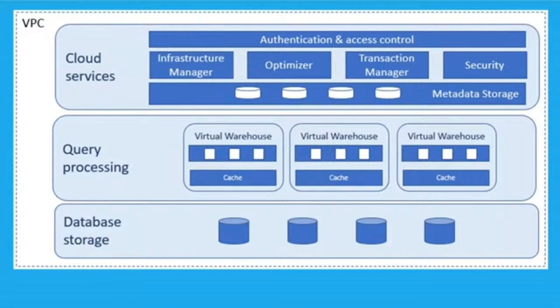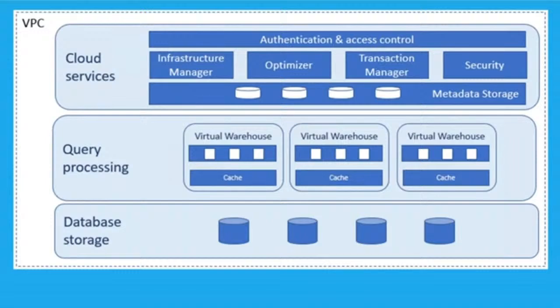In the query processing layer, the virtual warehouse is the hardware component which processes the requests. In your traditional database or data warehouse, you have the CPUs, memories and everything. This is also a virtual warehouse: the hardware resources in your Snowflake.